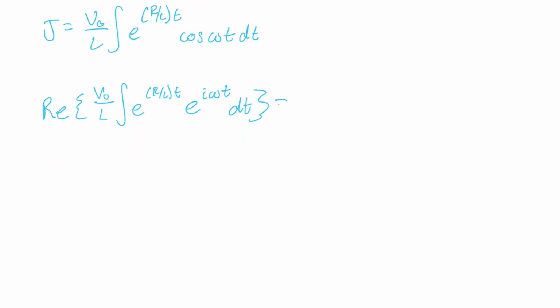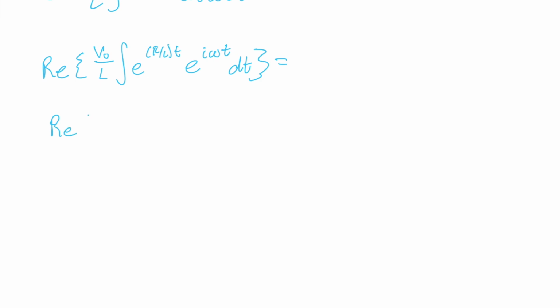And then we can combine that to get the real part of V naught over L times the integral of e to the (R/L)t plus i omega t. I meant to say omega. And now, same thing as last time, we're going to have a t times (R/L plus i omega).